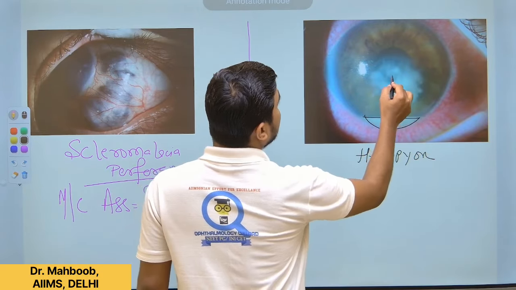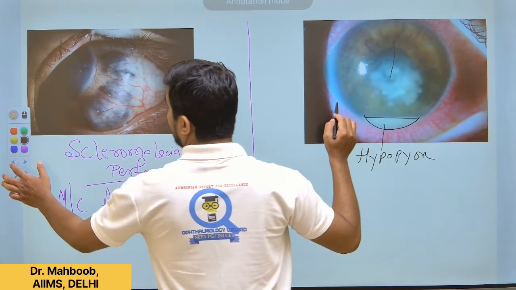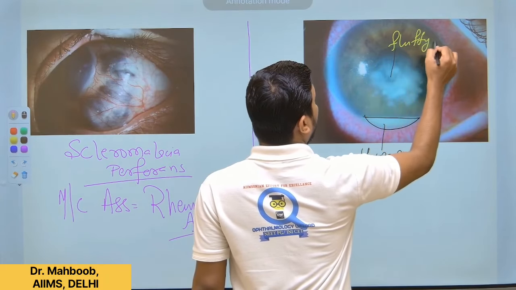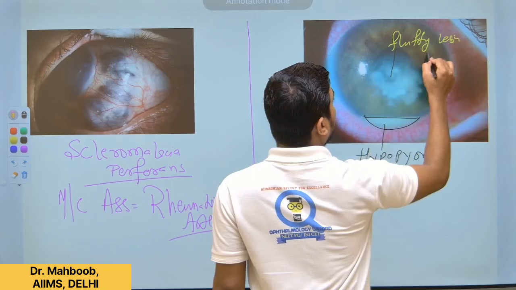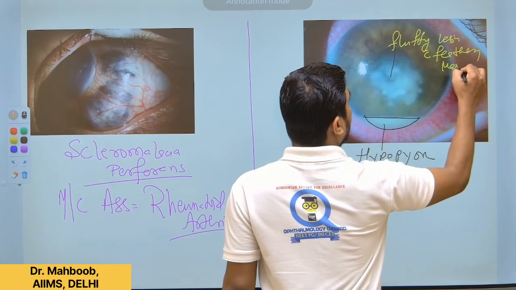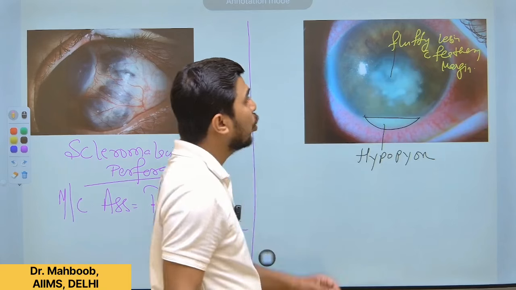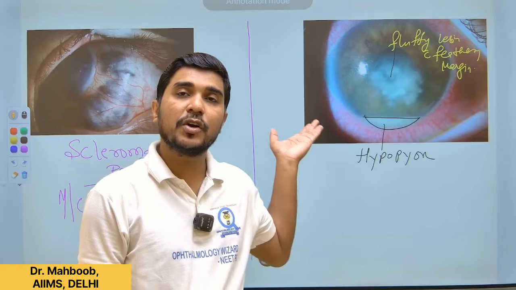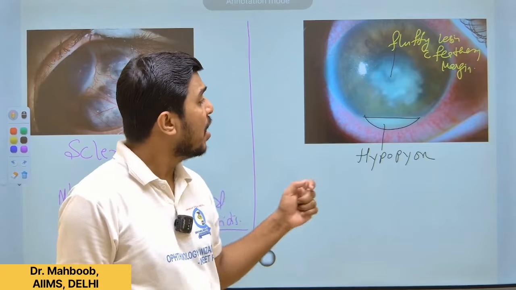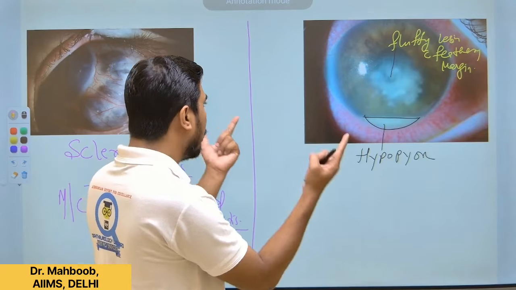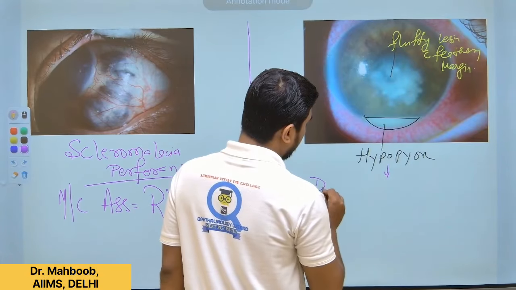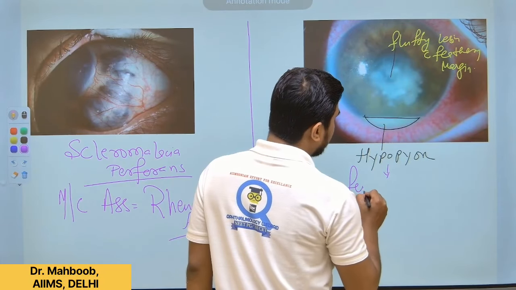This is a fluffy lesion with feathery margin. And if I tell you this patient has a history of animal tail injury into the eye, or he's a farmer, then you have to think of only one thing. What is that? Fungal ulcer.